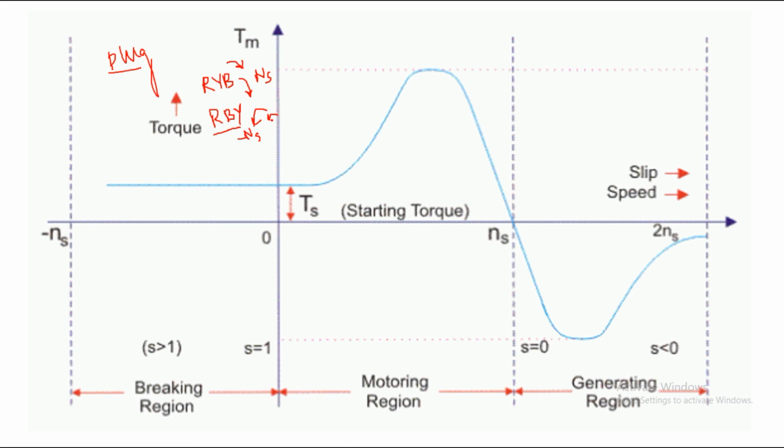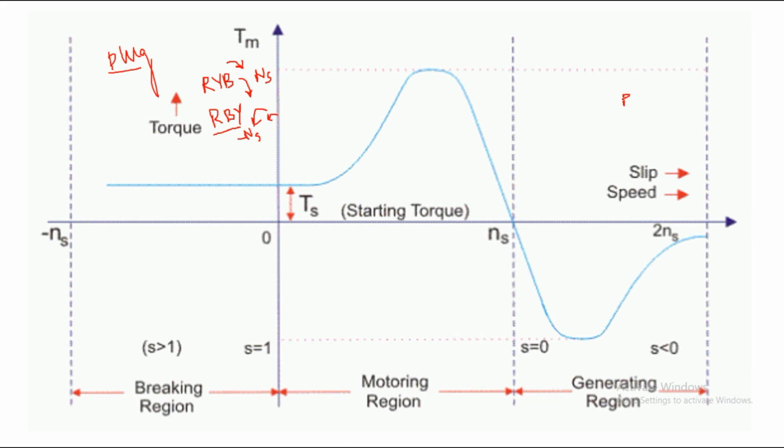But the generator is going to behave exactly opposite to the motor. It means the load is going to give supply to the main terminals. And we know the mechanical load, that is the shaft, provides energy only in the form of real power.